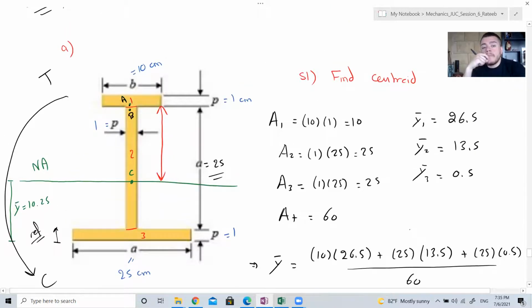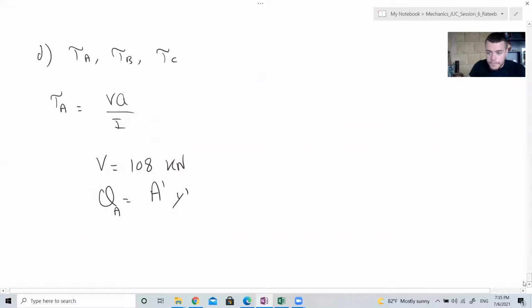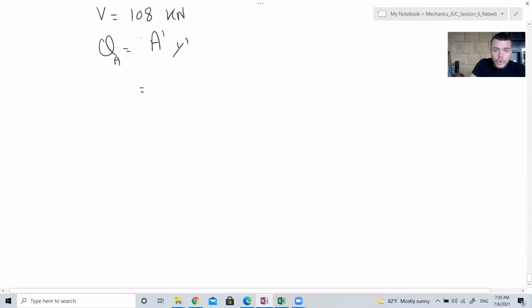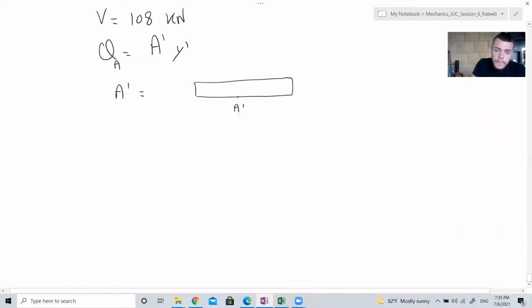What is area prime? It would be 10, right. The area above. So the area prime here is the area above point A, which is 10 centimeter by 1, which is 10 centimeter squared.